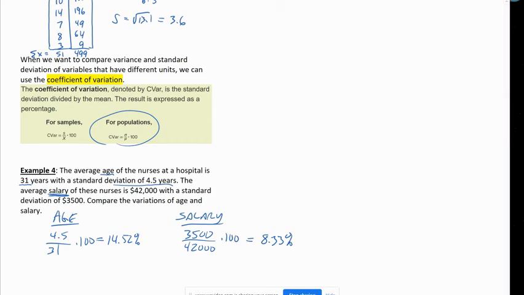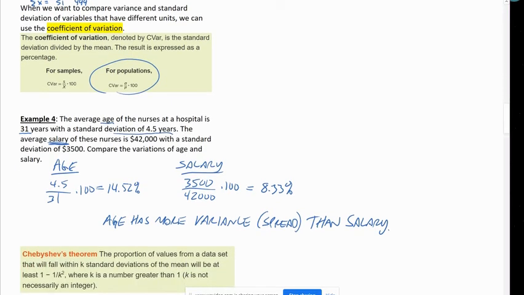And so age has more variation. Remember, variance tells us the spread. Age has more variation than salary at this hospital. Okay, so they have a much broader age range of their employees than they do salaries.